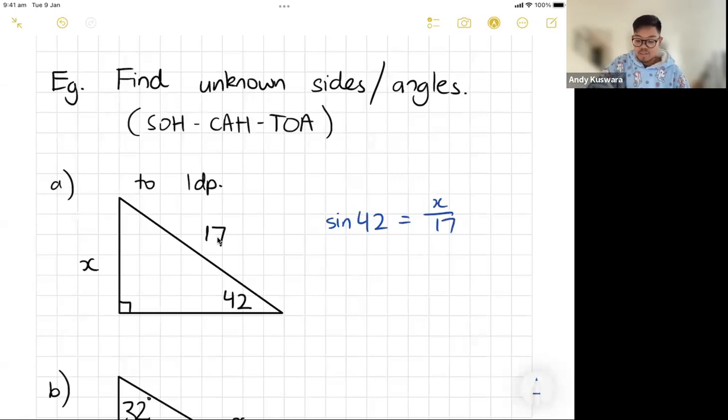So x is my opposite. 17 is my hypotenuse. To find x, I'll just multiply both sides by 17. Put that in your calculator, and you should get 17 times sine 42. Should get something like 11.4 to 1 decimal place.